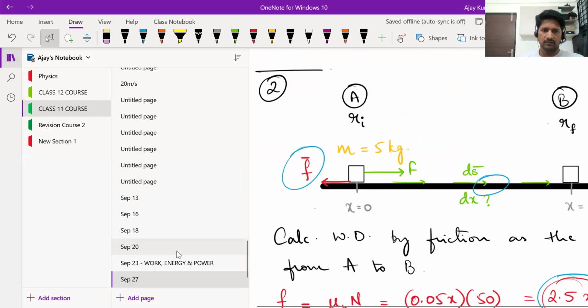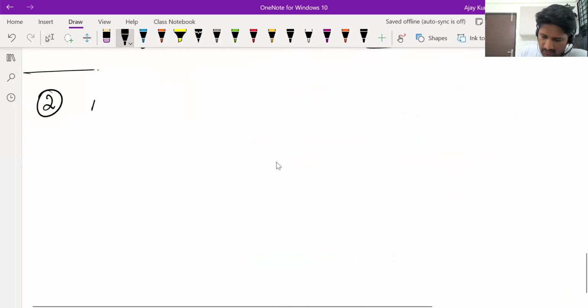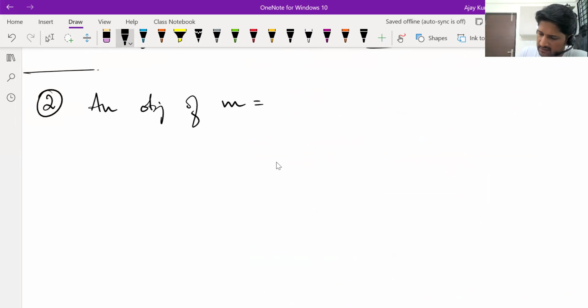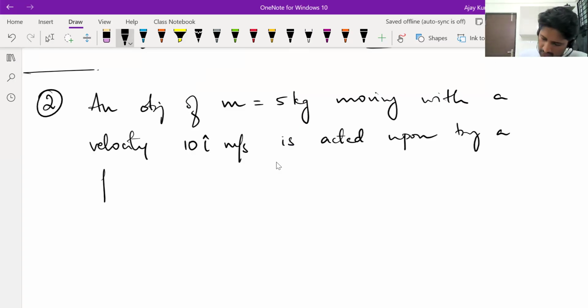Suppose you are given something like this. An object of mass, let's say 5 kg, moving with a velocity, let's say 10 i cap meters per second, is acted upon by a force.